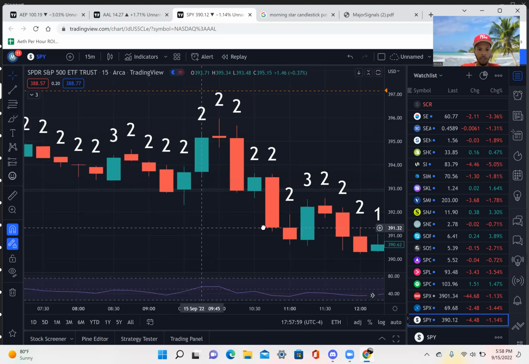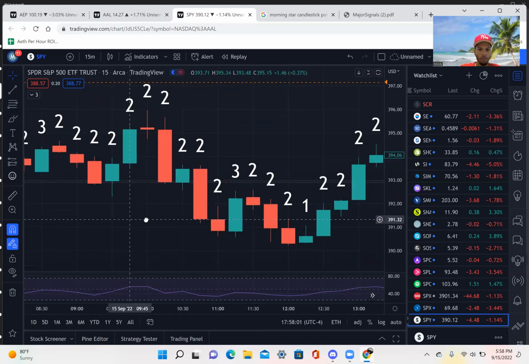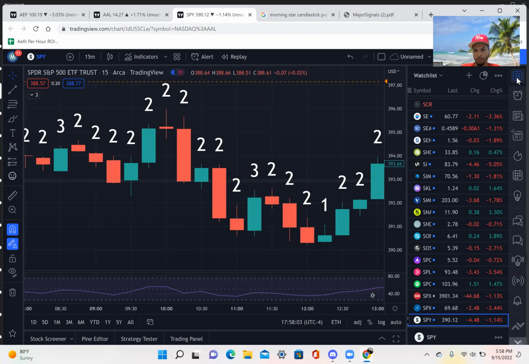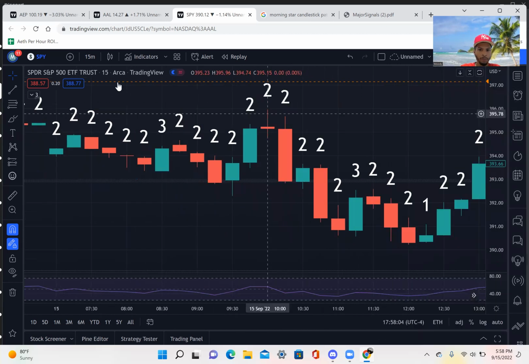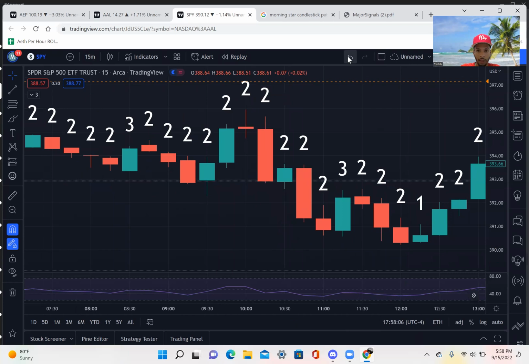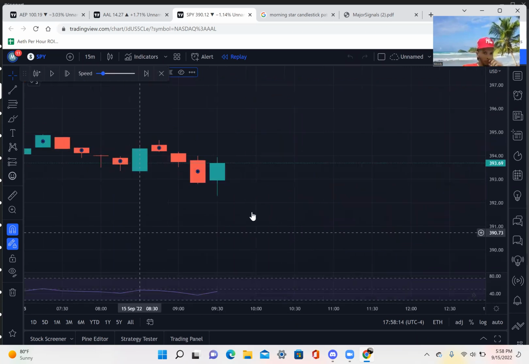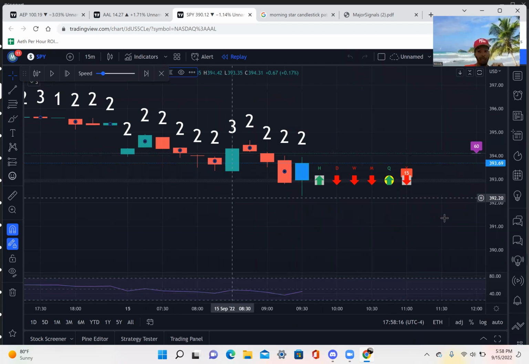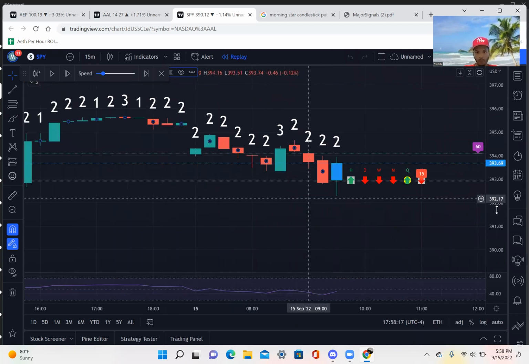So when you first see it, let's do the replay. And we can see exactly how Moody saw it. I'm going to replay it from here. So this is what the chart looked like at first, right?